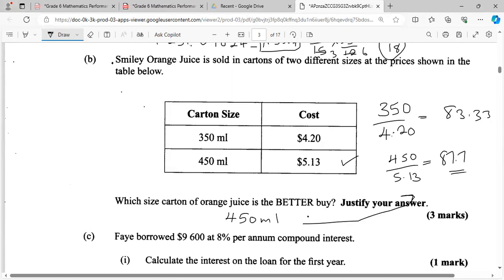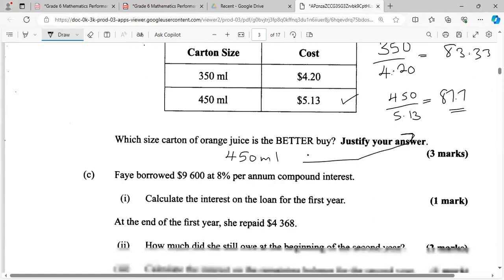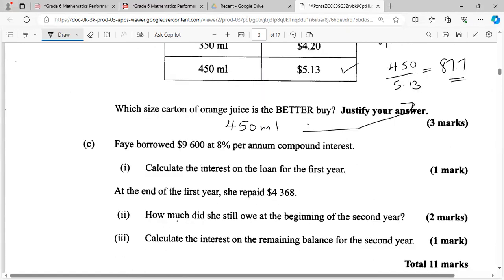Alright. C says Pay borrowed 9,600 at 8% per annum compound interest. Calculate the interest on the loan for the first year. At the end of the first year, she repaid 4,368.